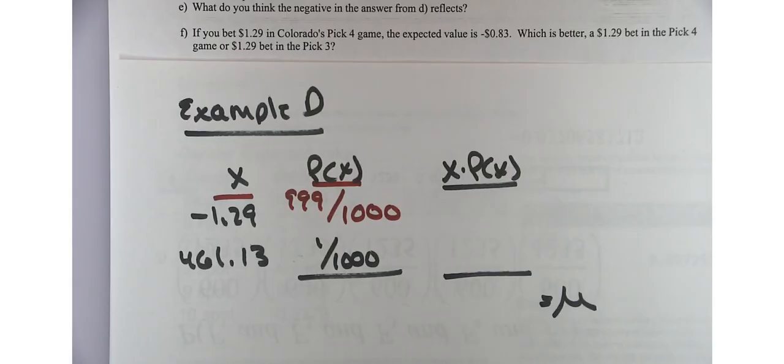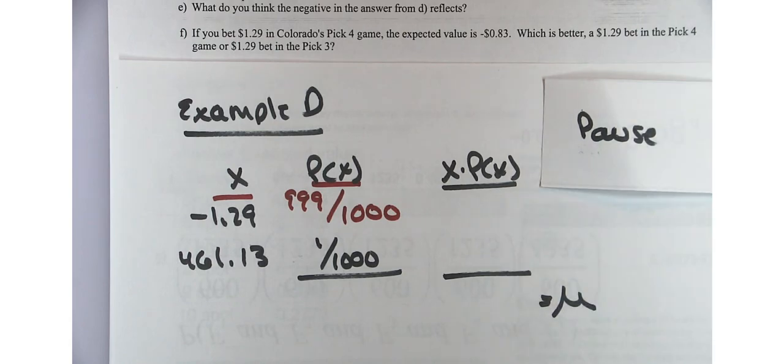If you're watching this at home later, you can press the pause button. But see if you can figure out the expected value for this game. Do you expect the expected value to be positive or negative? Negative, yeah. The state's not going to run this game if they're giving away money. So you expect to lose money on this bet.